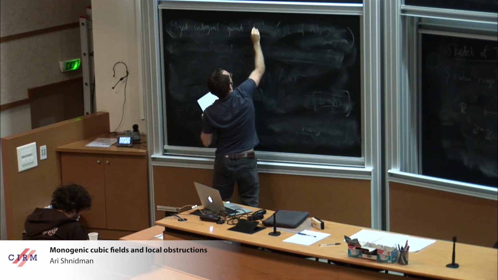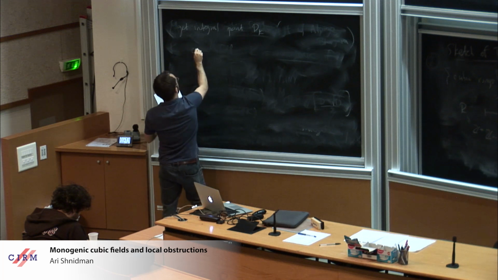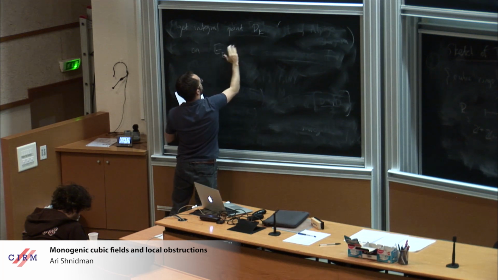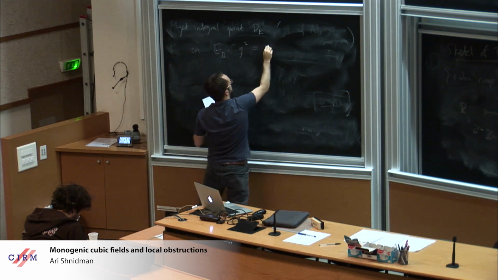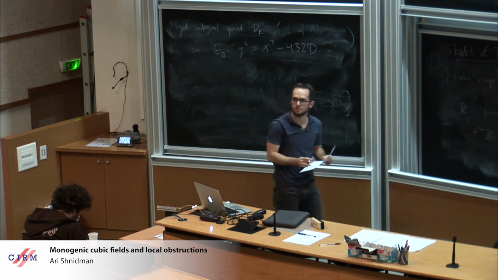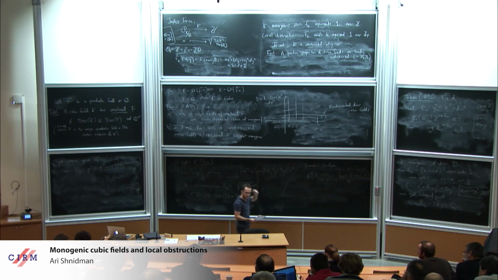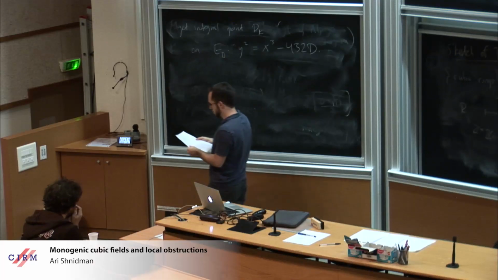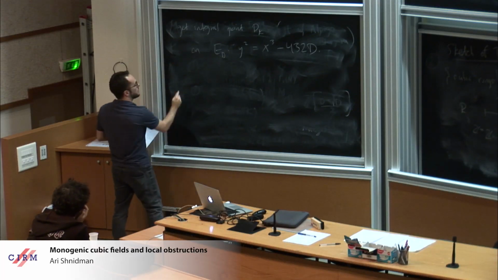We'll call it P_K on the elliptic curve E_D with equation y squared equals x cubed minus 432 times d. These are isomorphic elliptic curves. It's a different model, and in this model, these points are integral points, with integral coefficients.